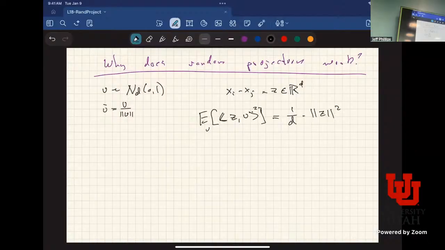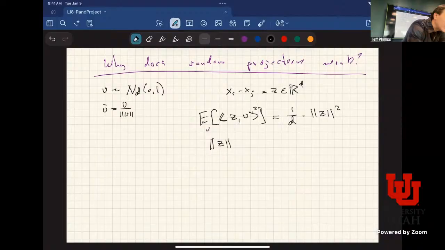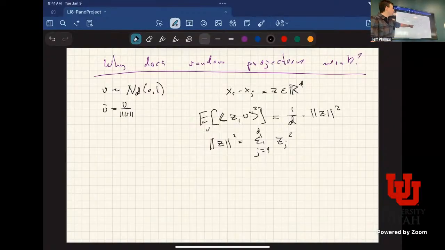The squared norm of z is the sum over j equals 1 up to d of z_j squared. I'm taking all the coordinates of it, squaring them and adding them up. That's the definition of the squared two norm. If I took the square root, this is the Euclidean length from 0.